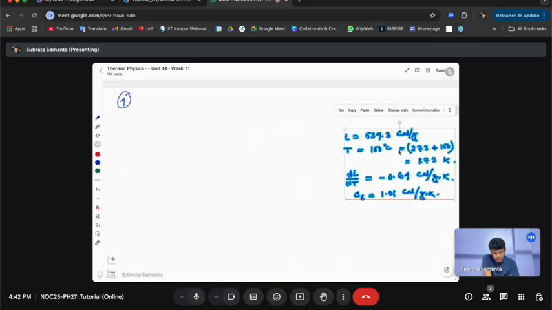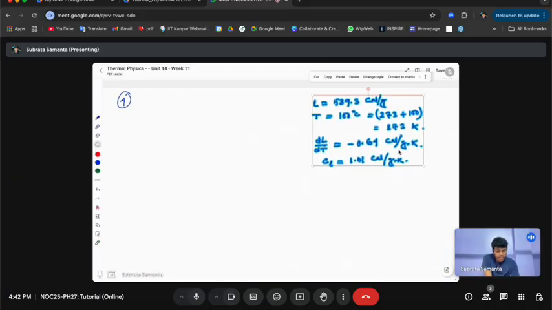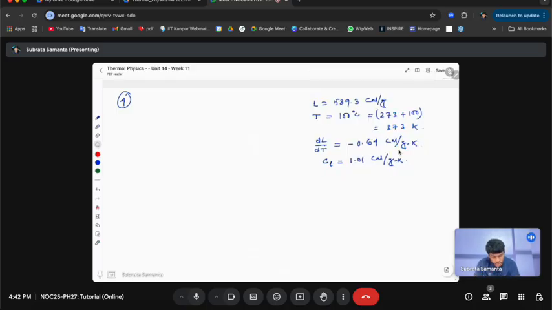So you have to calculate from this data the specific heat of solid. The specific heat of liquid, Cl, the specific heat of water at 100 degrees centigrade, the boiling point, is given. And we have to calculate the specific heat of solid.